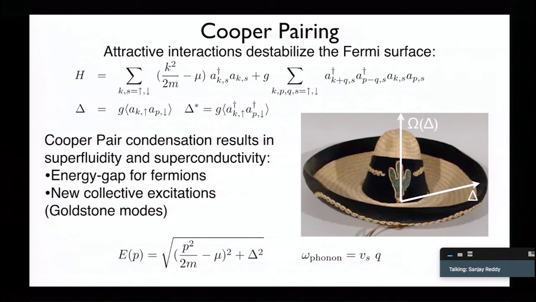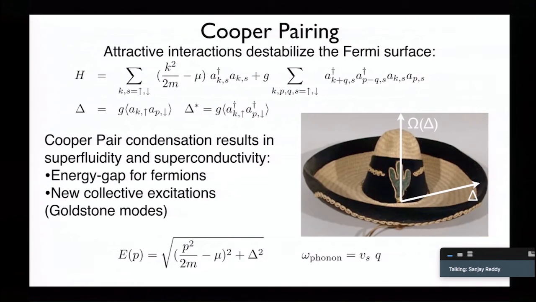So you can think about what happens as you move along the rim of the hat, the increasing values of delta: you will find that the free energy decreases and there's a minimum. But there is an orthogonal direction which is associated with the phase. And when you move in the orthogonal direction, there is no change in energy.